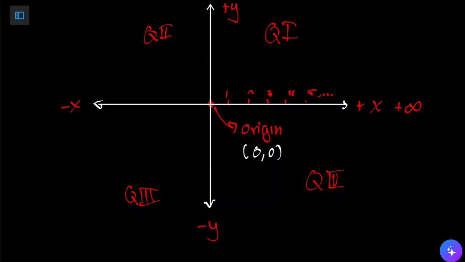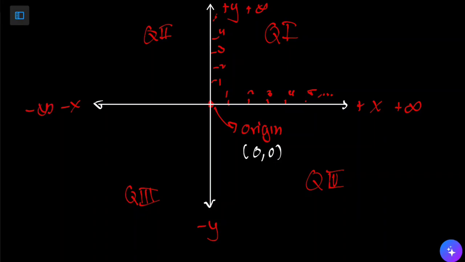So we can say that the values here, like 1, 2, 3, 4, and so on, increase towards positive infinity. But we cannot say the same for the negative x-axis, because as you go from the origin, the values, as implied by the negative, go lower and lower, meaning it goes towards negative infinity.